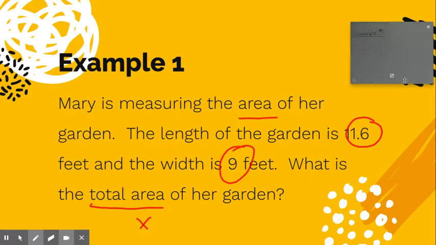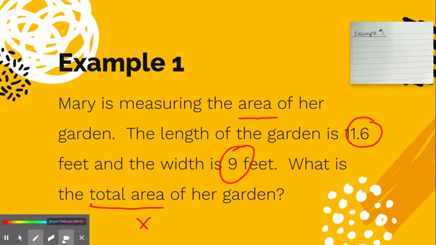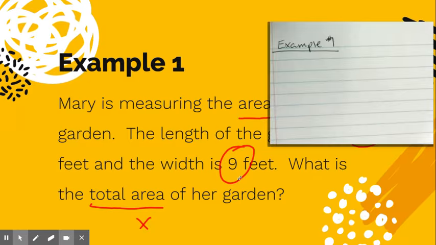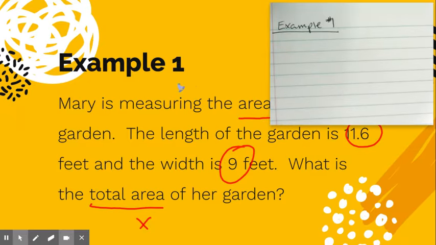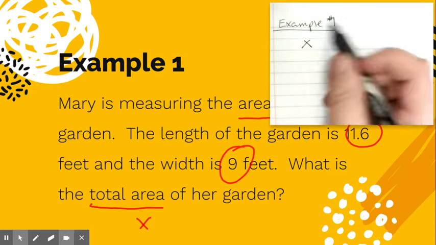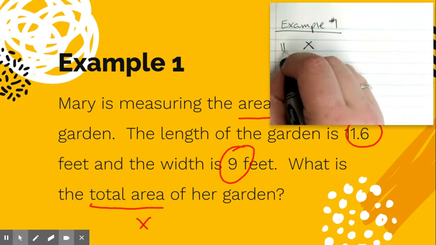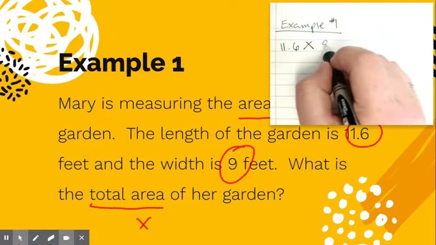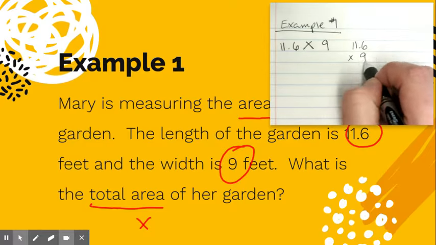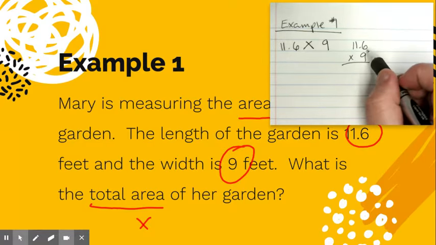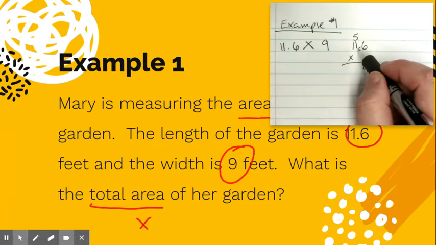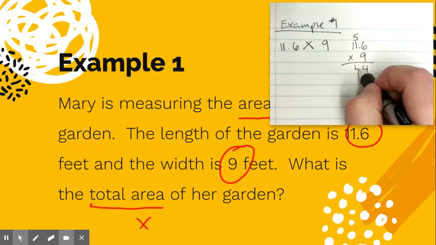Now we're going to write our equation. She's measuring the area, that means we're multiplying, right? So we're going to multiply 11.6 times 9, and that's all we're doing. 9 times 6 is 54. 9 times 1 is 9, plus 5 is 14.